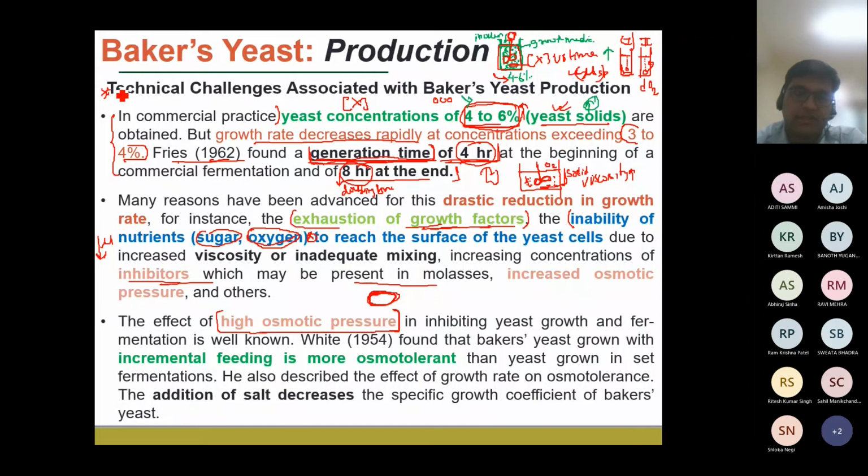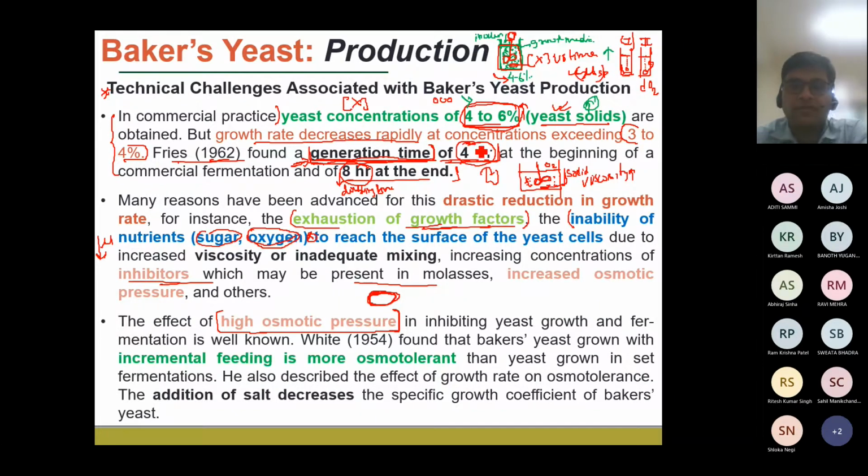In this case, generally the generation time is the main factor. The generation time is also known as the doubling time. So what is the doubling time? It is the time period by which the cell concentration, that is the biomass concentration, doubles.